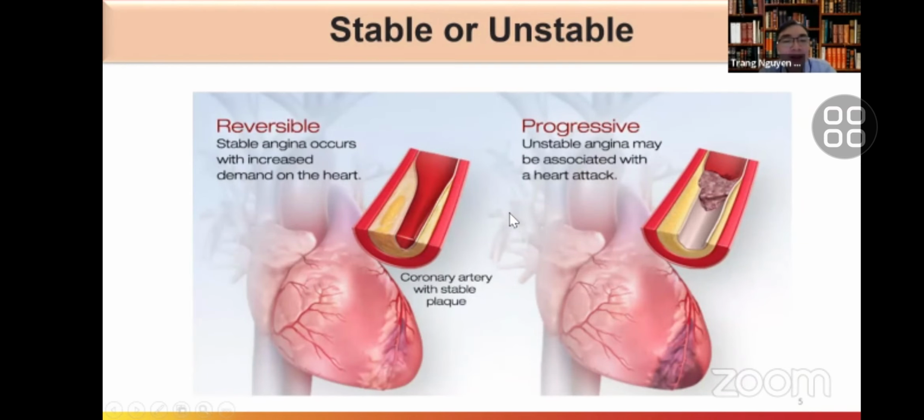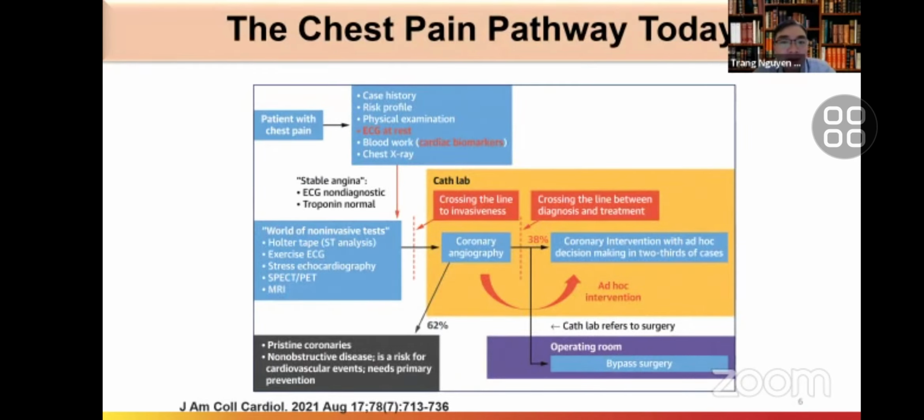For coronary artery disease, we have two kinds of presentation: stable or unstable chest pain. Stable chest pain can occur with increased demand of the heart with a stable plaque, while progressive or unstable angina or chest pain can be associated with a very high risk of heart attack. If the patient has chest pain, we can follow a pathway.